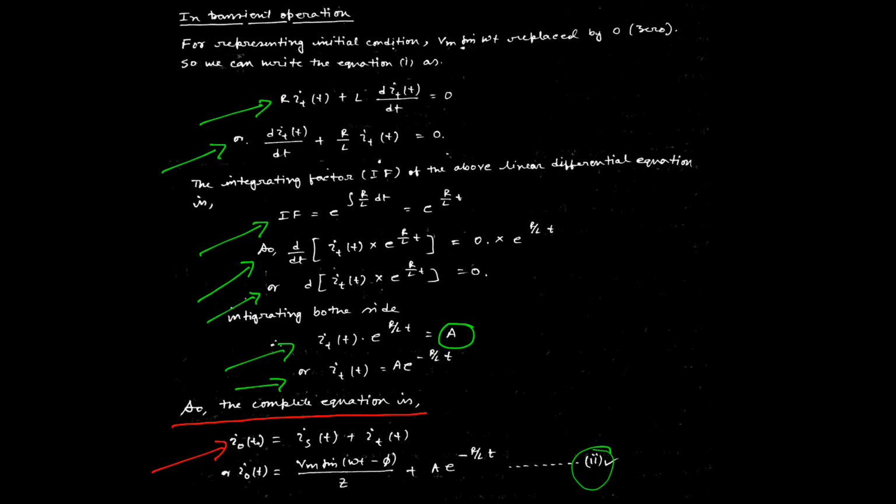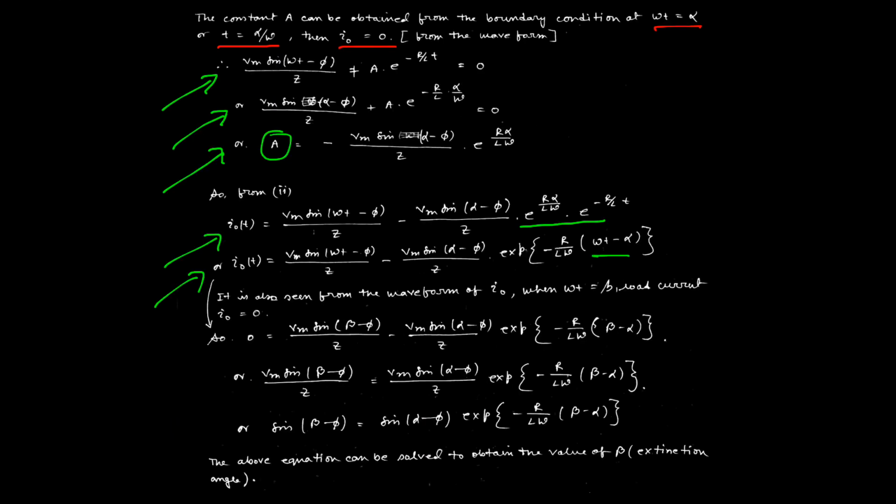So we can form the equation by satisfying at the point of beta I0 equal to 0, then we can write the expression that is 0 equal to Vm sin (omega t minus alpha). We are replacing this part omega t, which is replaced by beta.